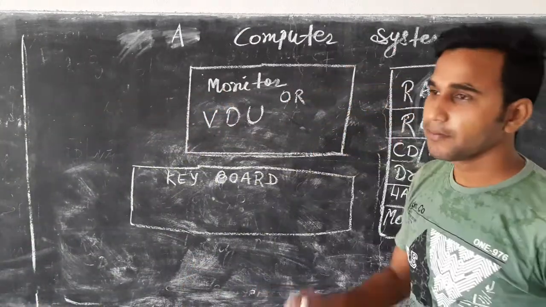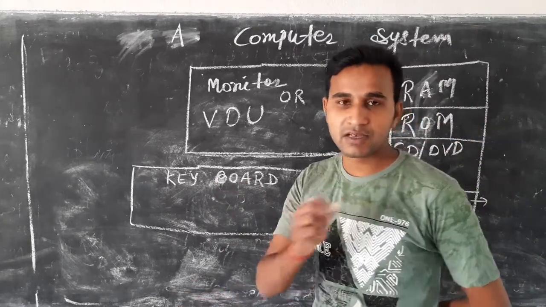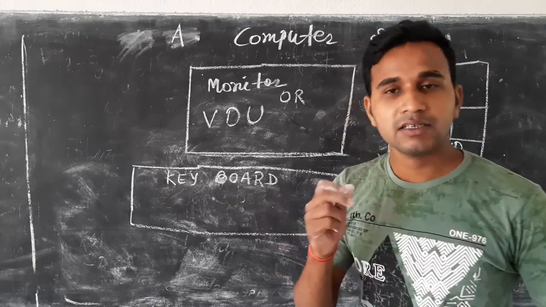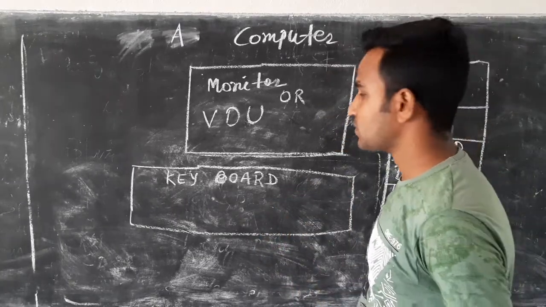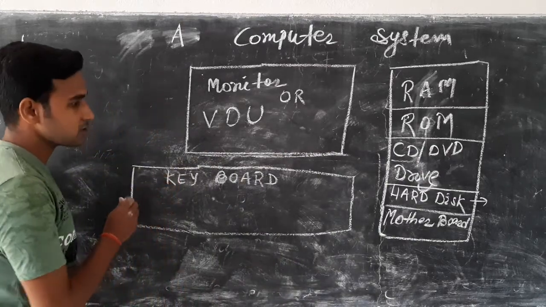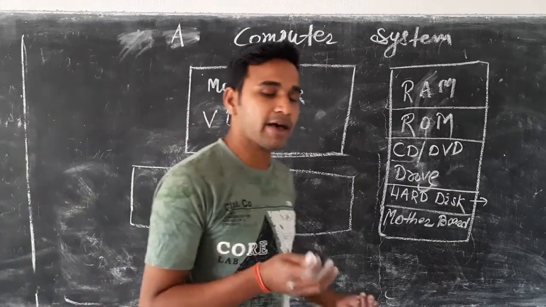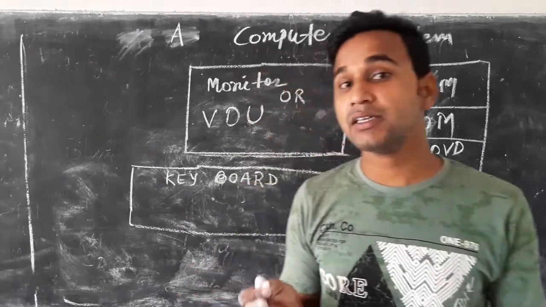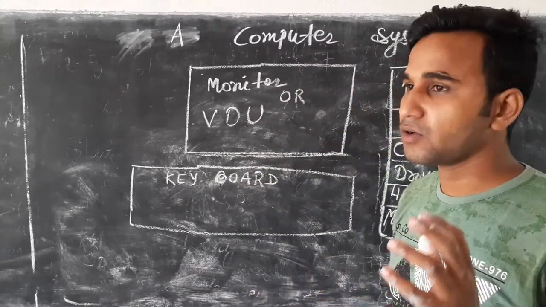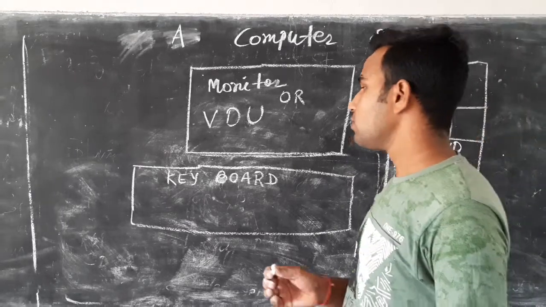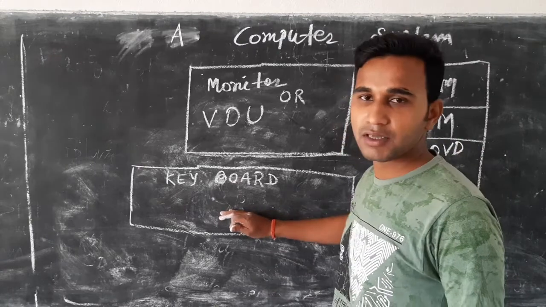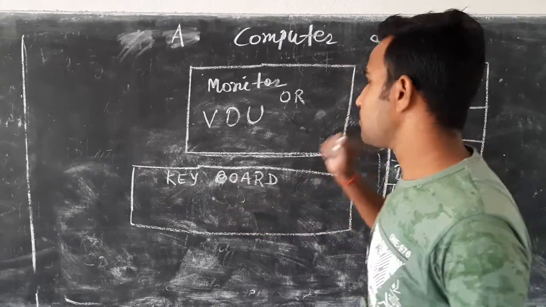A keyboard has many keys like function keys, special keys, alphabetic keys, number keys. It has all the keys used by the user for creating a presentation, making a spreadsheet, and documents. So a user needs a keyboard.